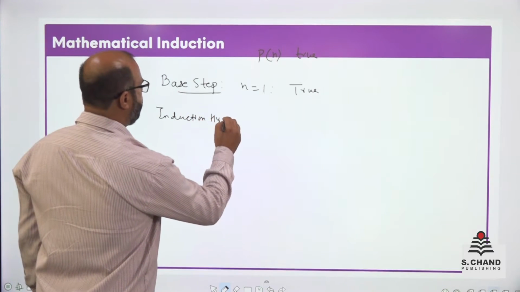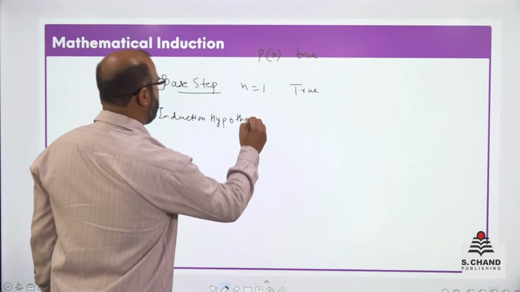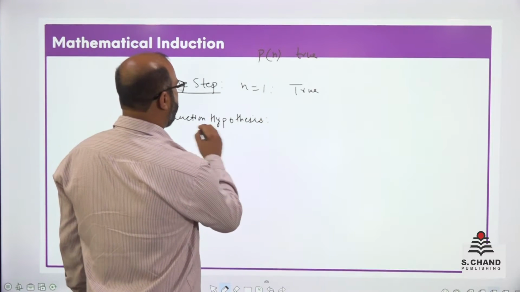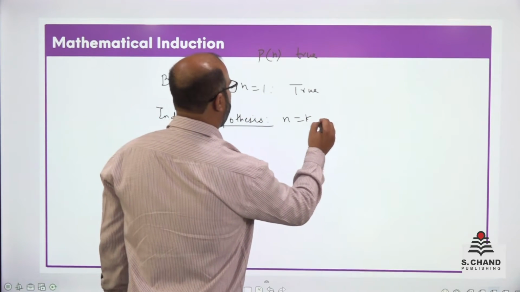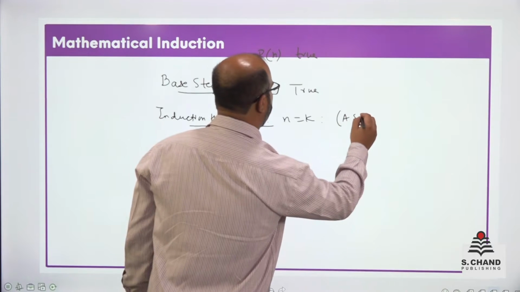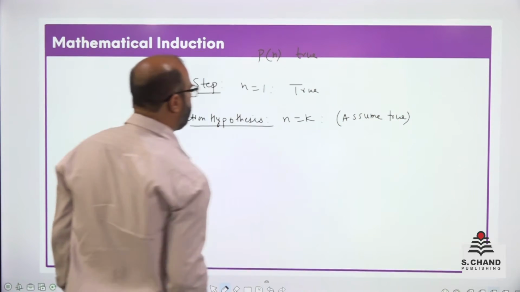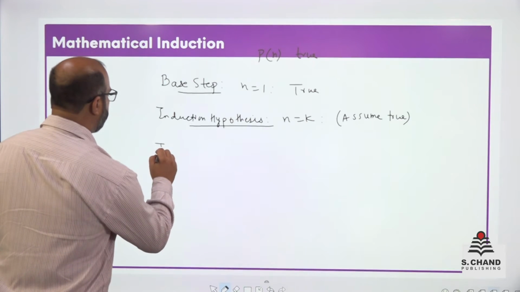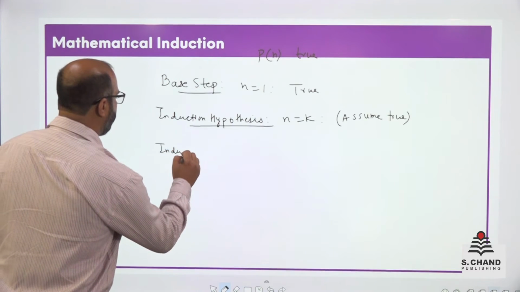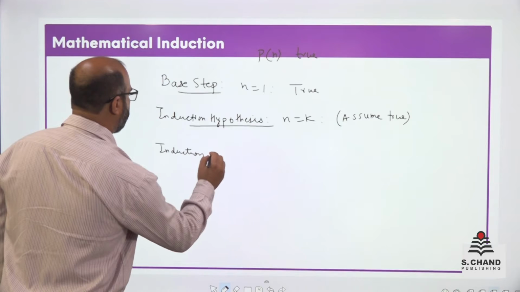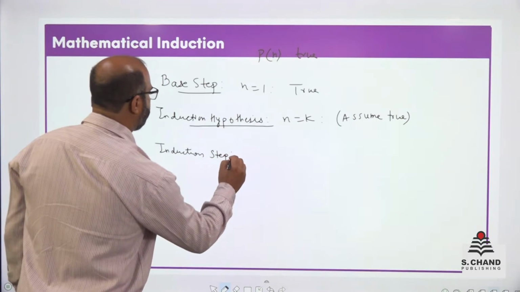In the induction hypothesis, we say that it is true for n is equal to k. Assume true. Now, after assuming true for n is equal to k, in the induction step, we do the third step, which is the most important step, you can say.